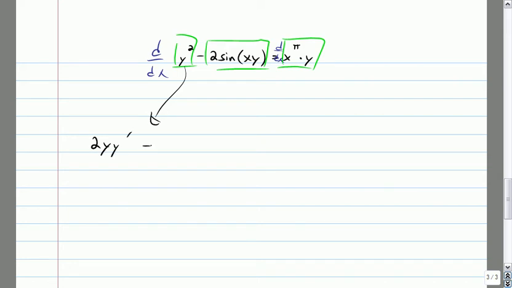Now this next one, I'm just going to write this for now: d dx of 2 sine xy equals d dx of x to the pi times y.